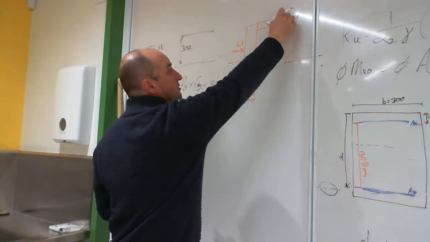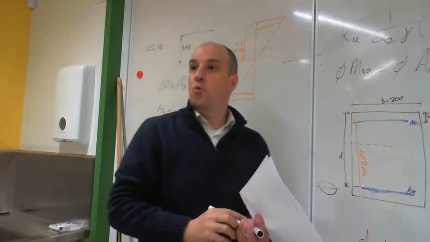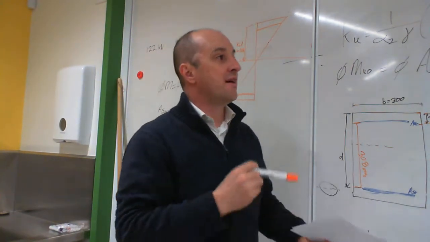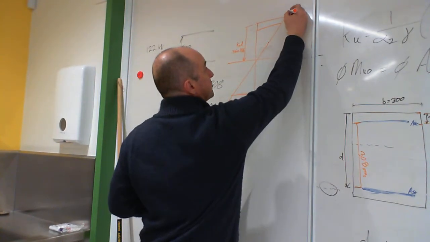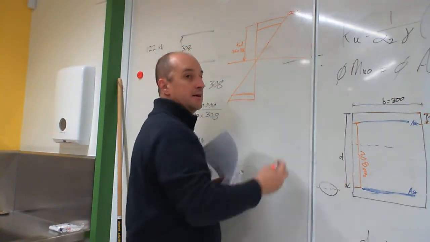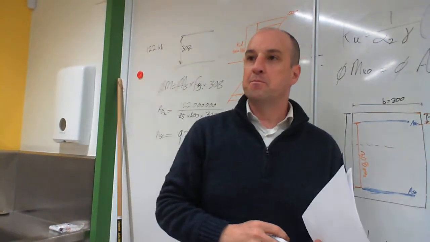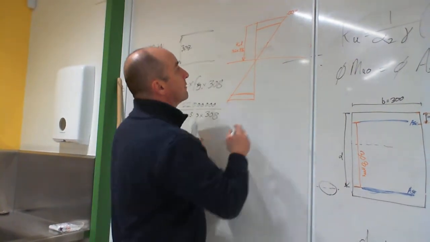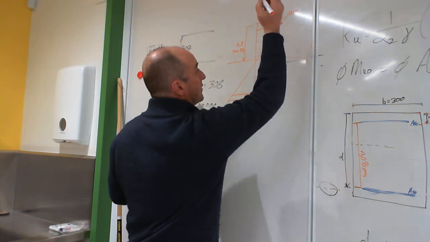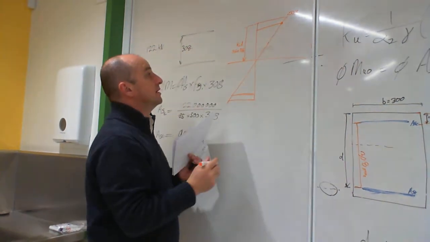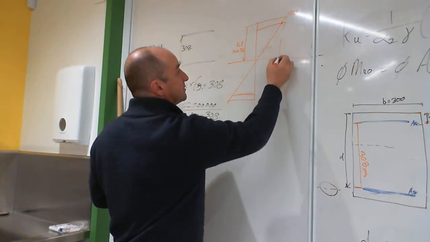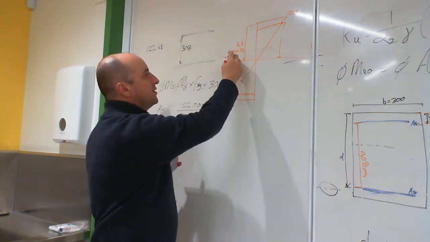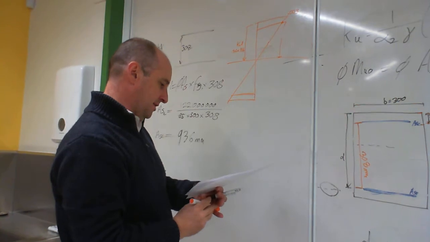Now the strain at the top. When you have concrete design, to get that rectangular block, this assumes that the strain at the top is 0.003. So that's a fixed value. We want to find the strain right there. We know that distance as well.